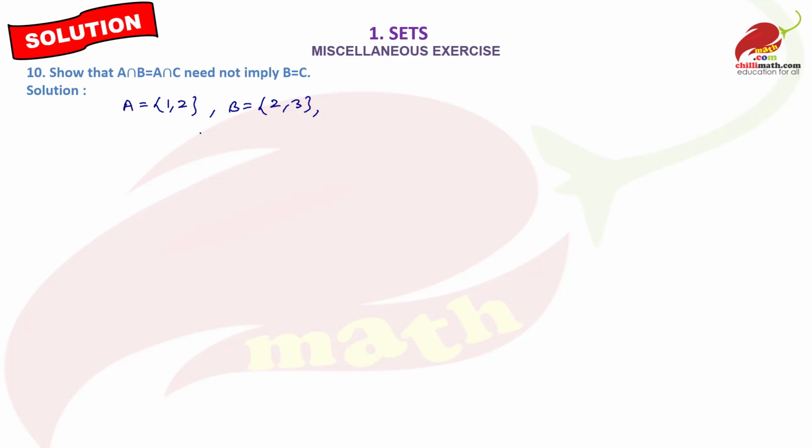And because A intersection B should be equal to A intersection C, let us take C is equal to {2, 4}. So you can see A intersection B here is {2}, and A intersection C is also {2}, but B is not equal to C.